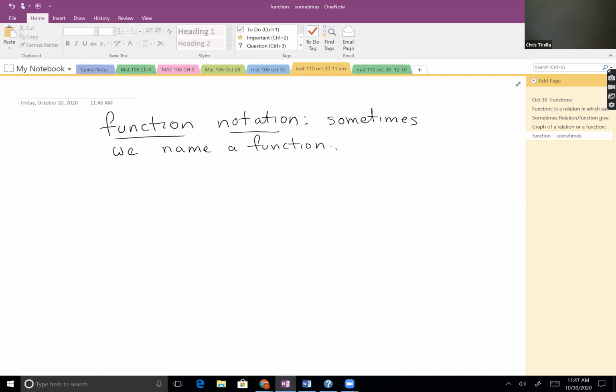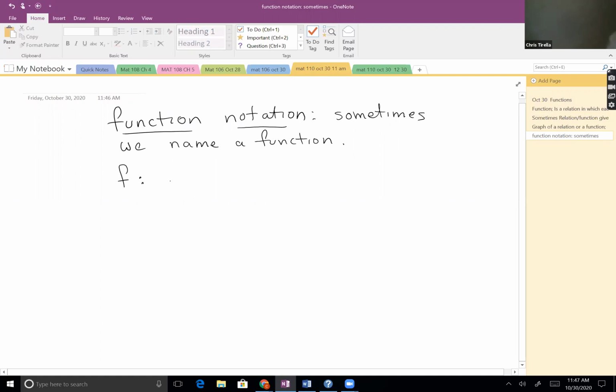Sometimes it's with a letter, sometimes it's something else. So I could over here say that f is a function such that y equals 4x plus 5. And if this function is named f, you sometimes see the notation f parentheses x, and we read this as f of x, and f of x is just a fancy way of writing y.